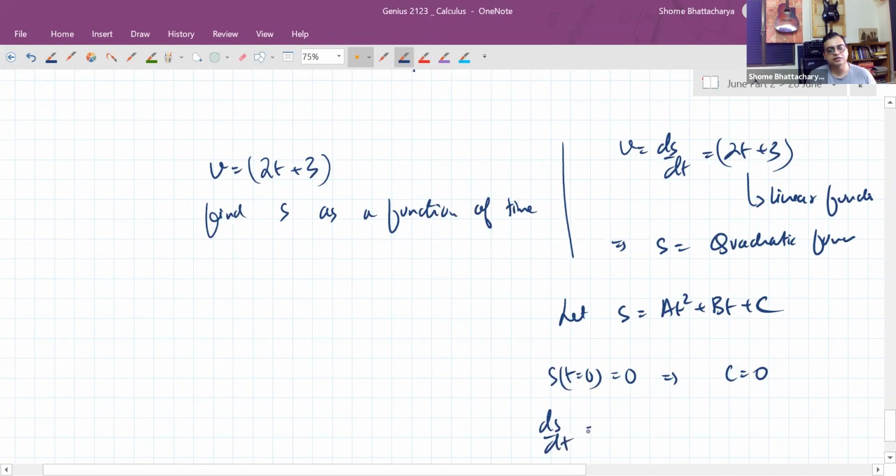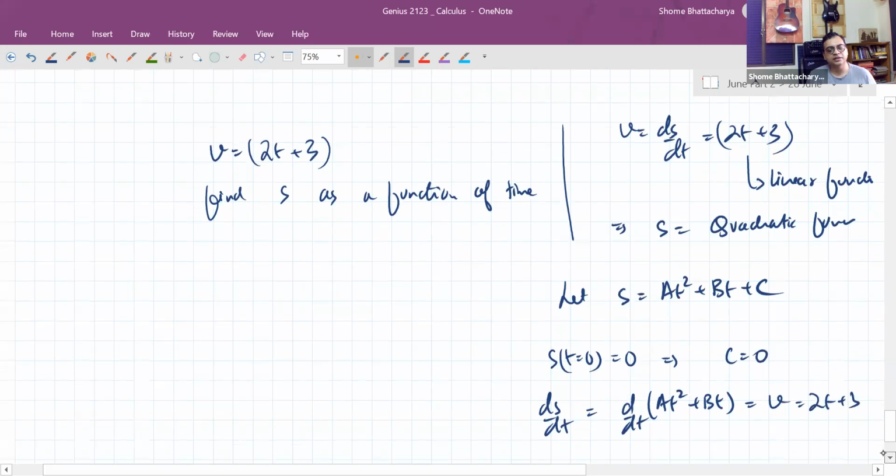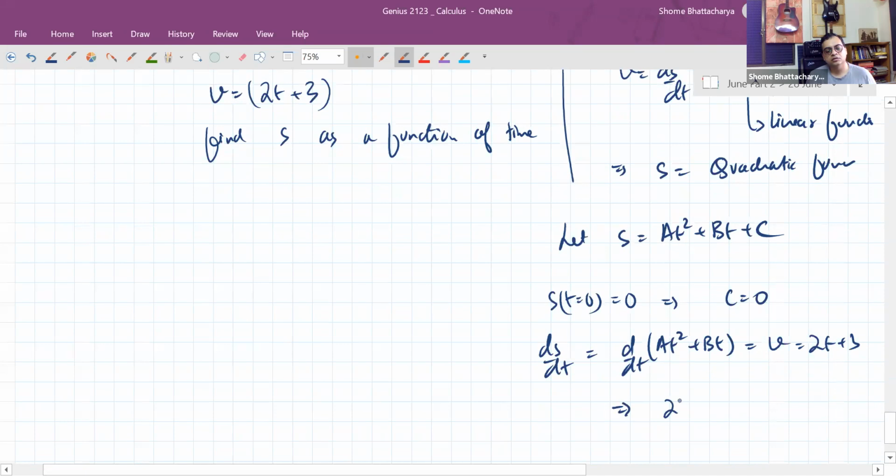And ds by dt will become the differentiation of this, 2at plus b, and that should be equal to 2t plus 3. So we compared the two sides and saw that 2a is equal to 2, that means a is equal to 1, and b is equal to 3.